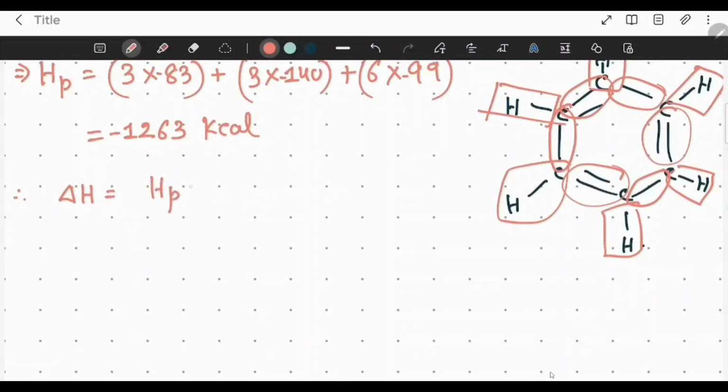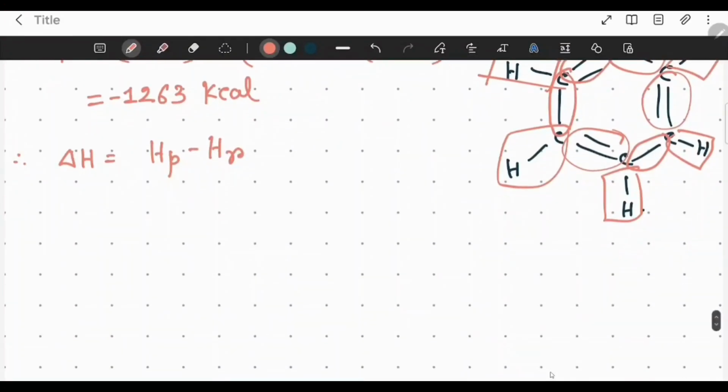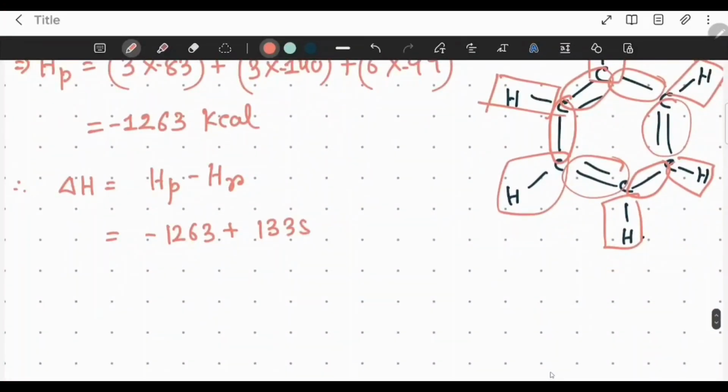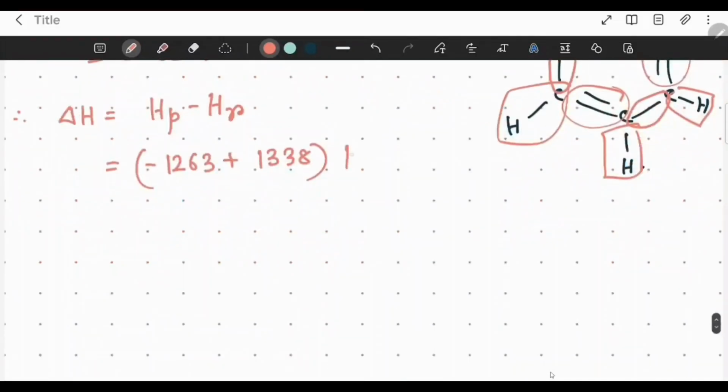HP minus HR. So it is minus 1263 plus 1338 kilocalories. So it will be 75. So that will be our heat of formation for our benzene.